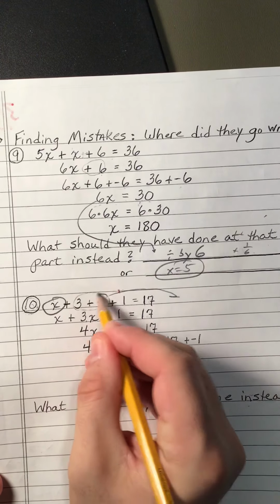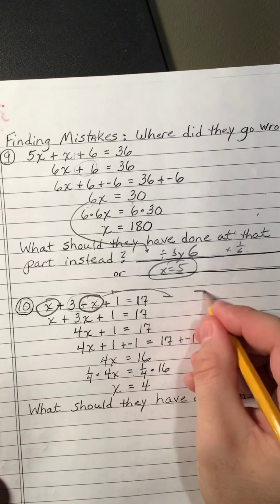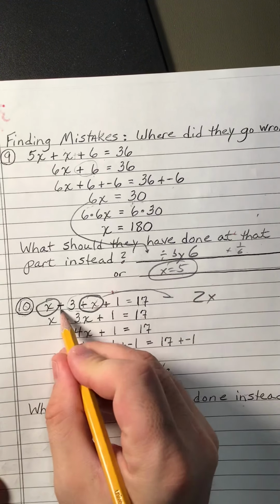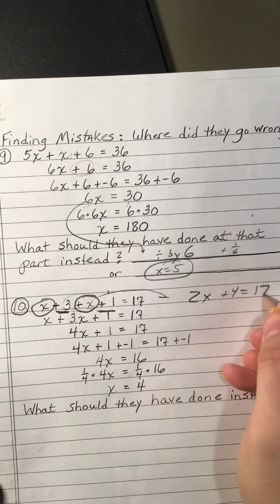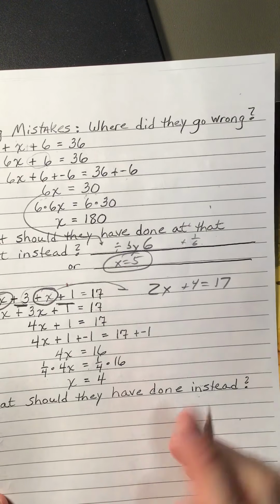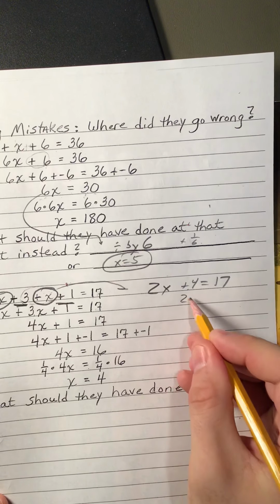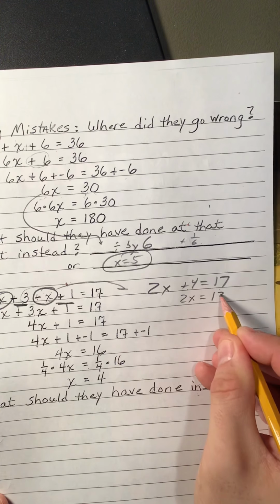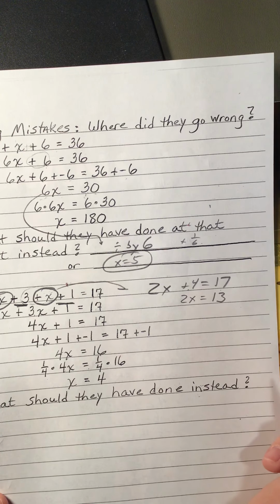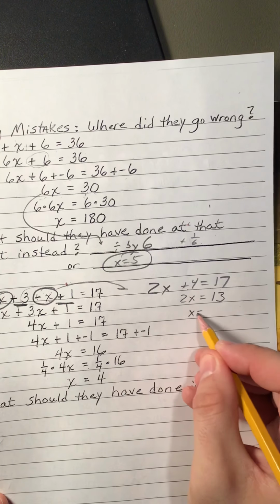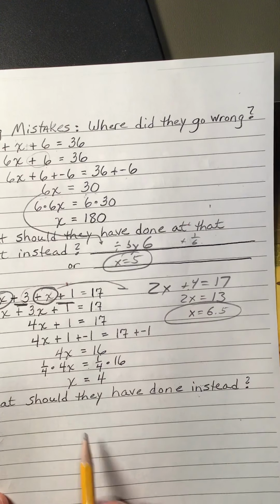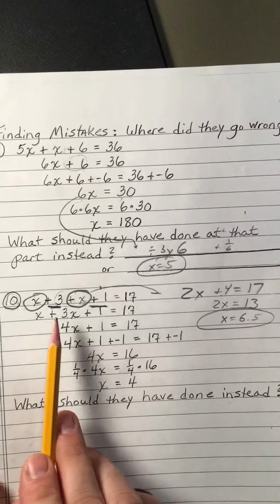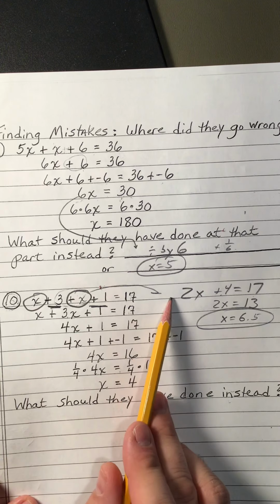Here's your like terms. x plus x is 2x. 3 plus 1 is 4 equals 17. Now I would subtract 4 from both sides. 17 minus 4 is 13. And then I would divide by 2. Should have gotten 6.5. So what should they have done instead? First thing, combine like terms. They did not do that.